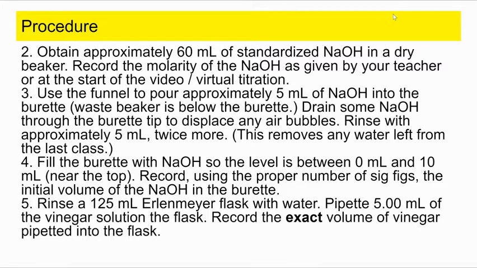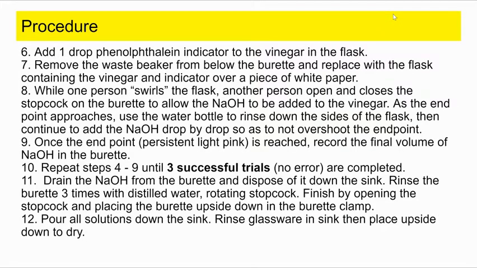And then we're going to rinse a 125 milliliter Erlenmeyer flask with water and pipette 5 milliliters of the vinegar solution into the flask. We'll record the exact volume of vinegar we pipetted into the flask. And we'll add a drop of phenolphthalein indicator to the vinegar.